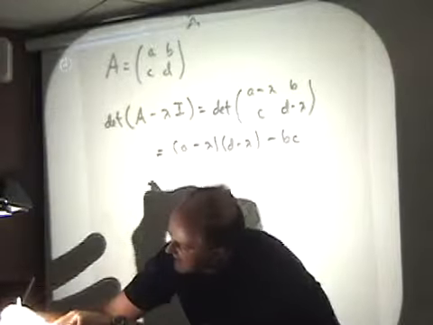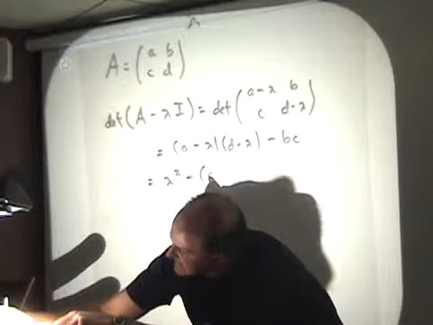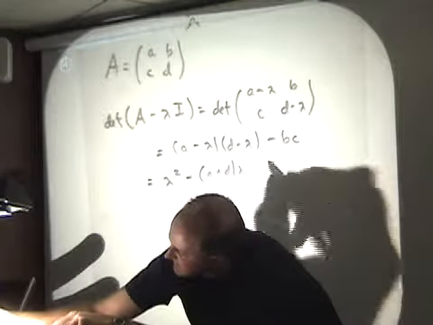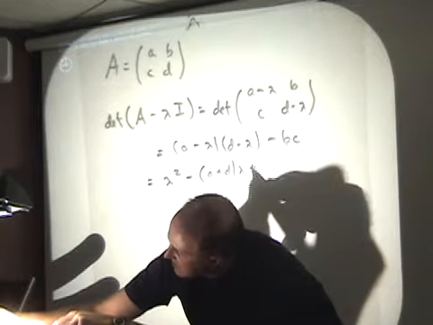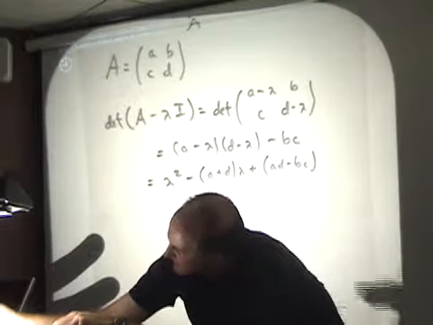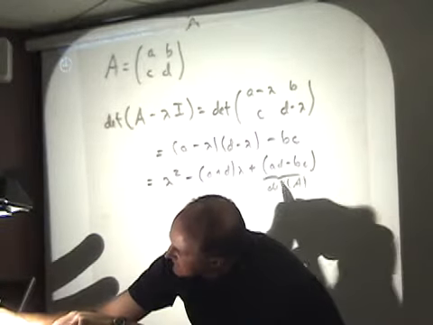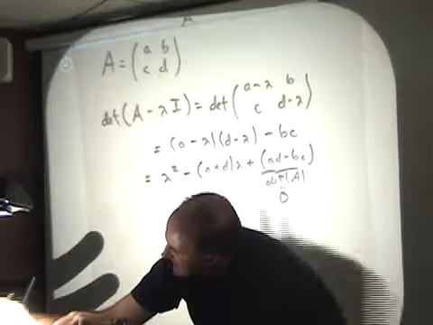And when simplified, this will become lambda squared minus (a plus d) times lambda, plus the quantity ad minus bc. That's the determinant of A right there, which I'm going to label with a shorthand, just the capital letter D.